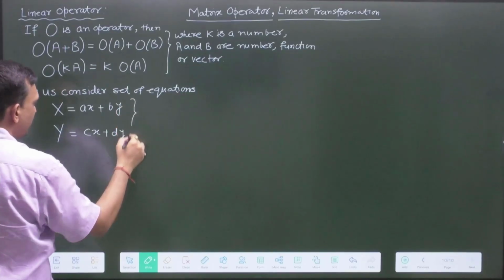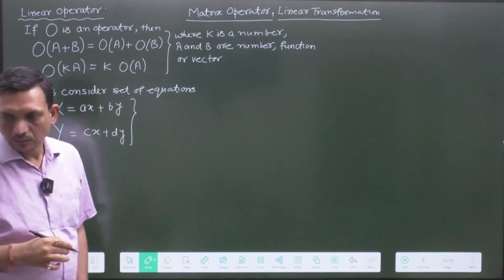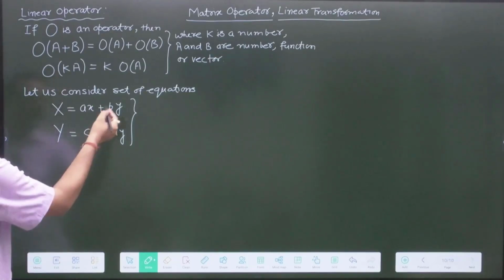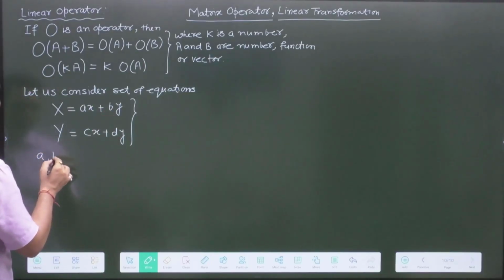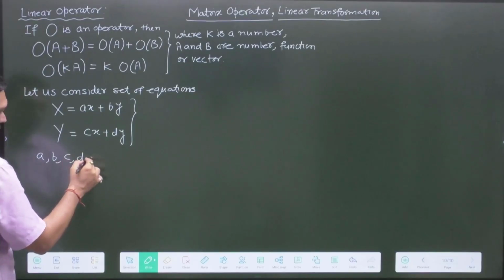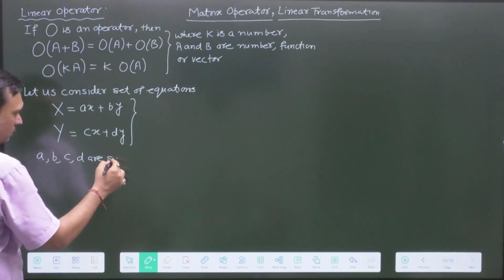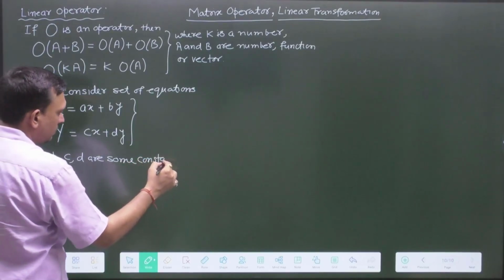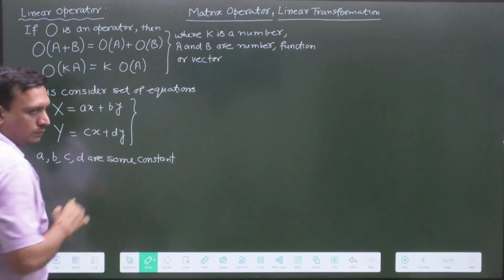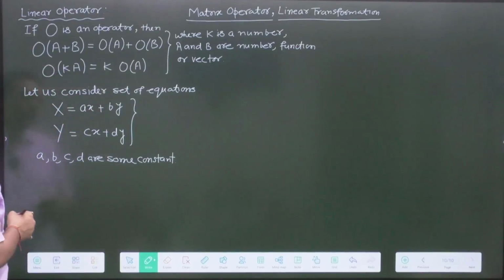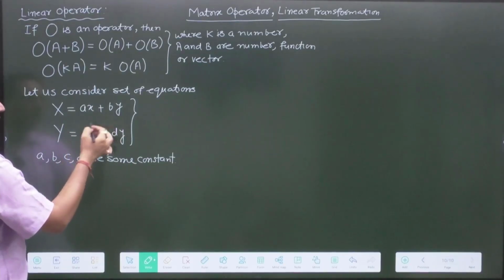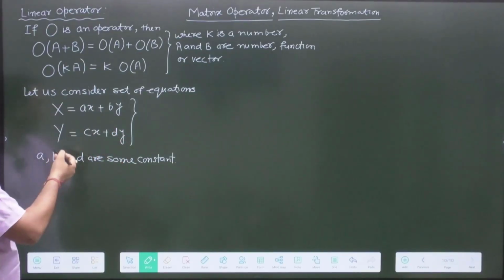This is a linear system of equations, where a, b, c, d are some constants. So for each x, y, you will get capital X, Y.